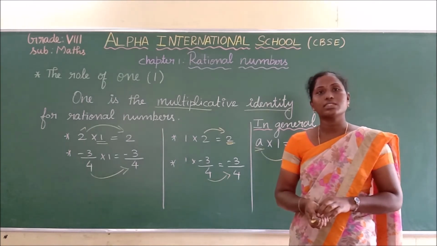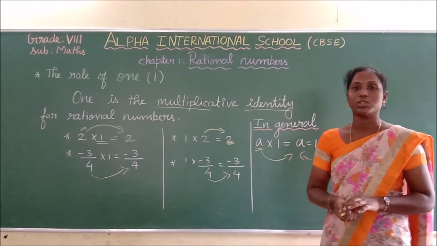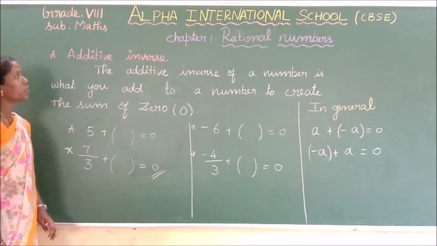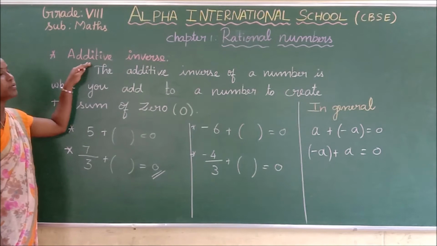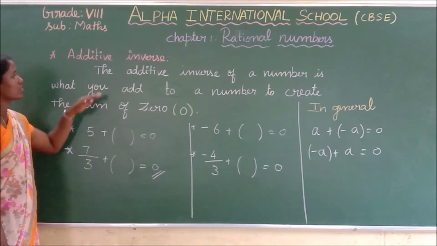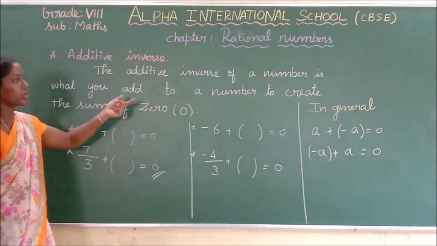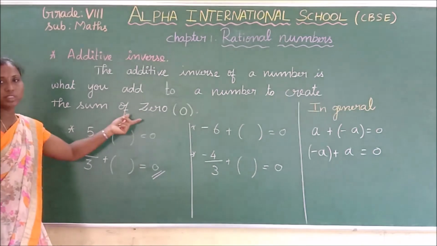Next we are going to discuss the additive inverse and multiplicative inverse for rational numbers. First, the additive inverse for rational numbers. What is meant by additive inverse? The additive inverse of a number is what you add to the number to create the sum of 0.